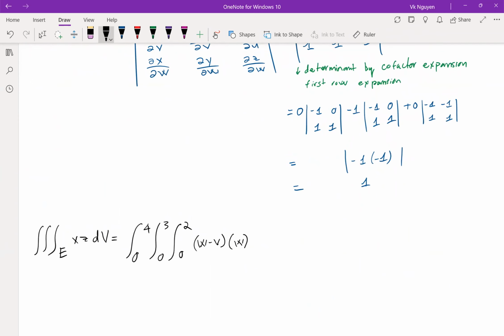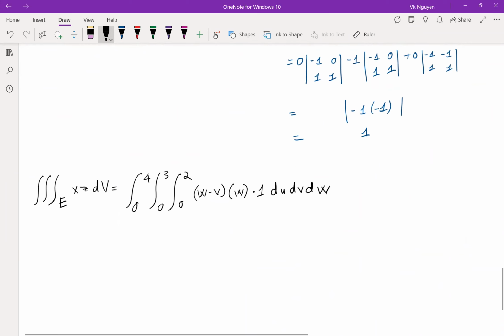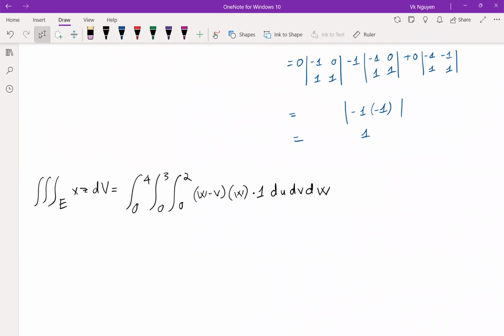Oh, how nice, huh? The Jacobian is 1, du, dv, dw. You can do this then here. It's pretty simple to do. Usually the answer runs out of time.